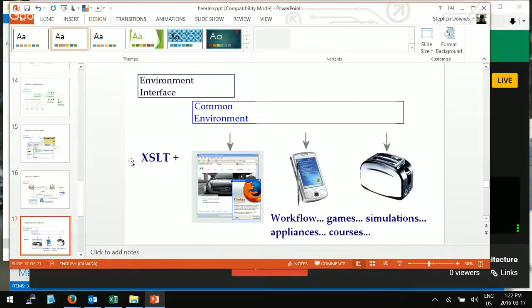The environment interface, the idea here is that what we have in our distributed network should be accessible from any number of devices. I've got the typical web browser here on the left, but it should also be accessed by mobile device. Don't you love that ancient mobile device? Or even accessed by your toaster. Why not?